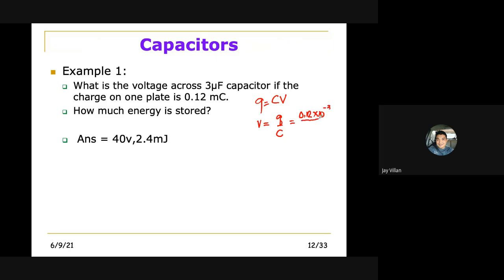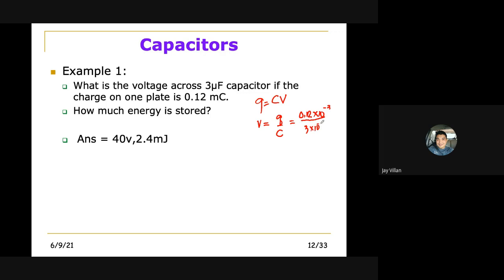Is this millicoulomb? And this is microcoulomb. So if milli is -3, micro is -6. Am I correct?